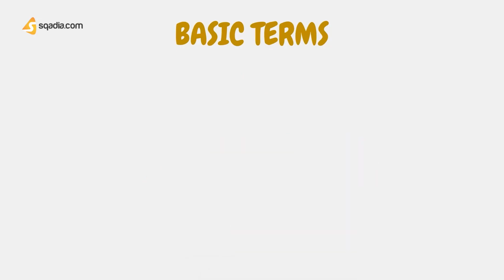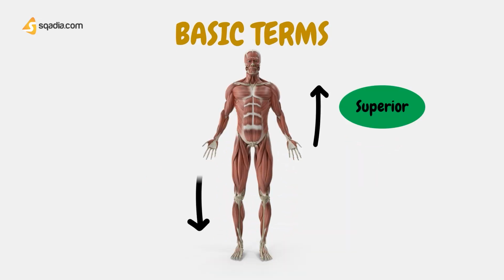Moving ahead, the term superior refers to the top of the head or the upper side, and it is also known as cranial, meaning towards the head end. This term is frequently used in describing anatomical structures of the body and neck. Simultaneous to it is inferior, which refers to the bottom or the sole of the feet.